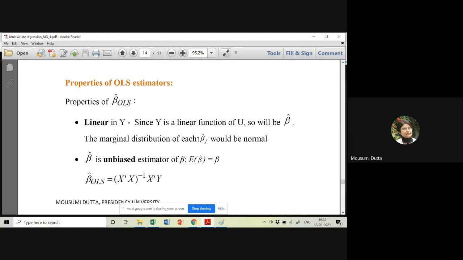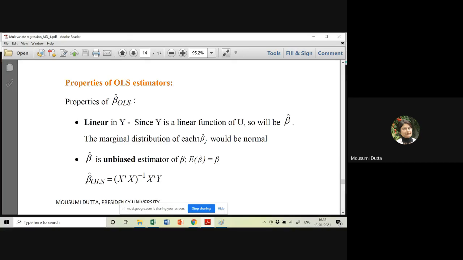We are also interested in the variance of beta hat vector. In a classical linear regression model, we need to find the best linear unbiased estimators, BLUE, so that we can move towards the Gauss-Markov theorem.